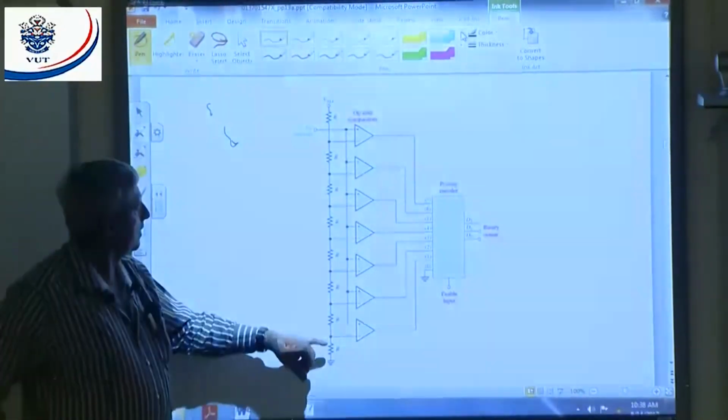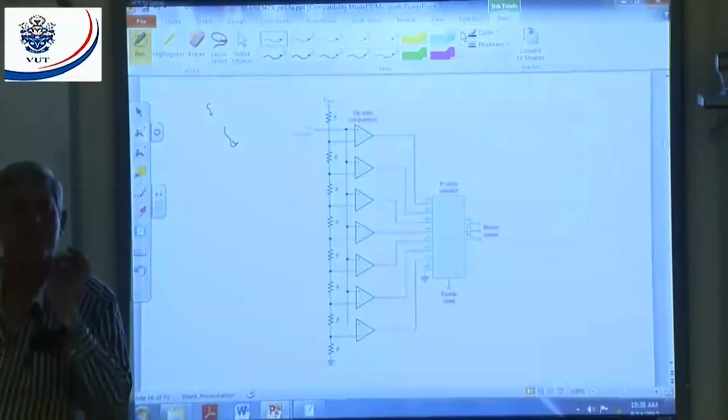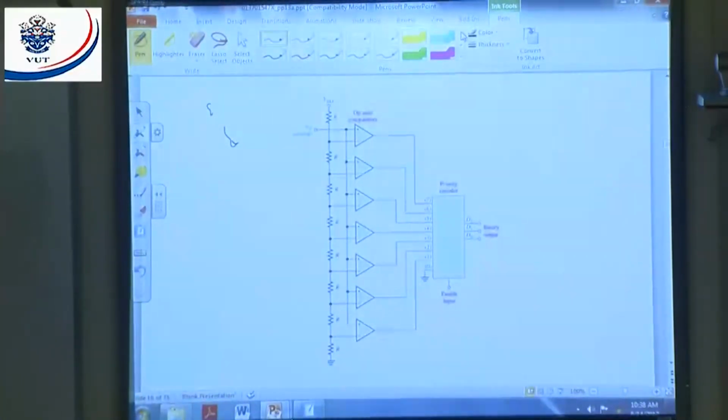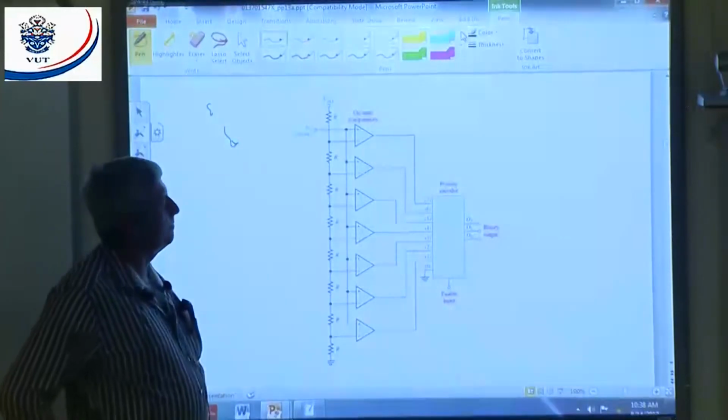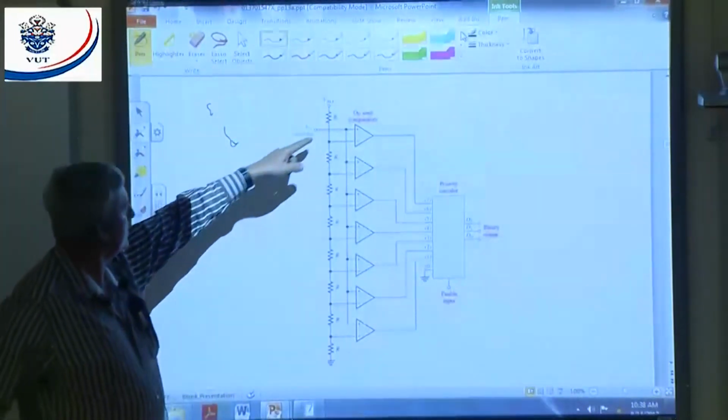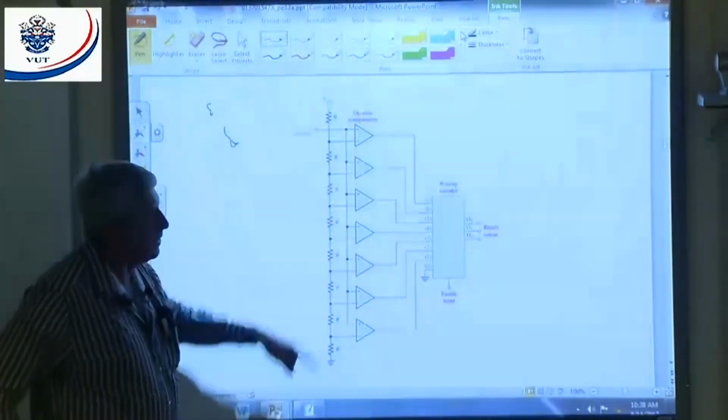All right. Now let's assume I apply 1.1 volt here at the input. That means all these non-inverting inputs will be what? 1.1 volt, because you can see all of them being connected together.